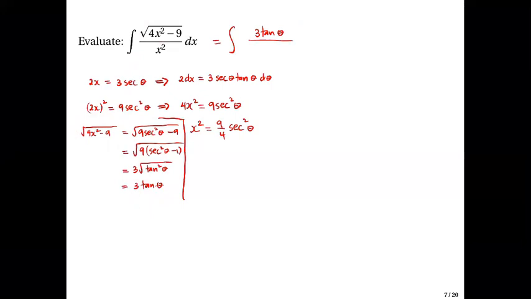On the denominator, x squared, it's this guy here, so we have 9 over 4 secant squared theta. And then the dx, it's this guy here, so we will have 3 over 2 secant theta tangent theta d theta.